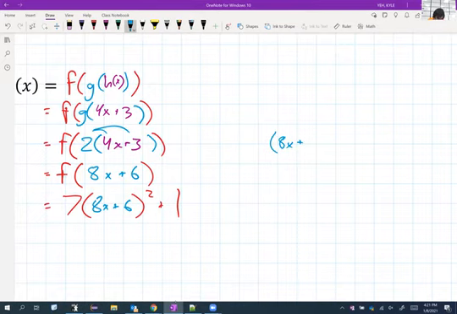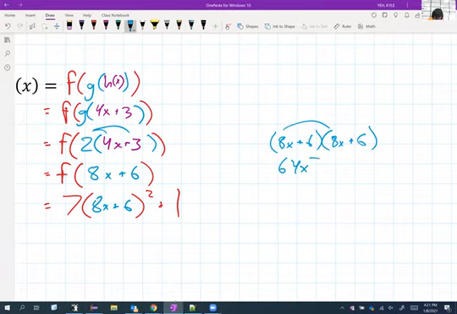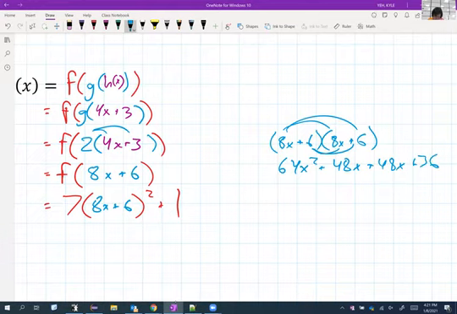And remember, 8x plus 6 squared means 8x plus 6 times itself. So let's FOIL off to the side here. I'm getting 64x squared plus 48x plus another 48x plus 36. So 64x squared plus 96x plus 36. I just like doing that off to the side sometimes. Keep my work on the left more orderly.